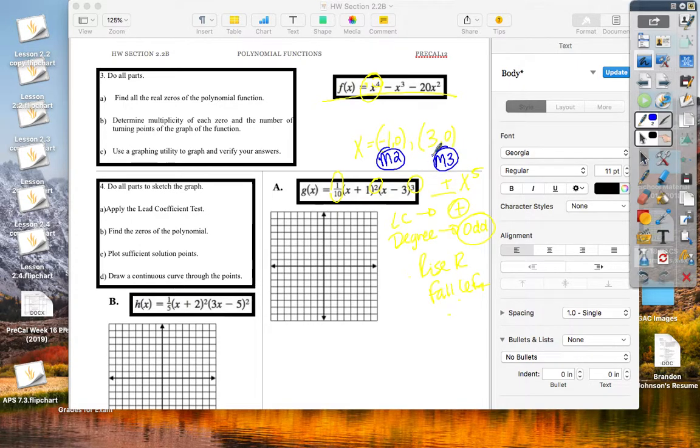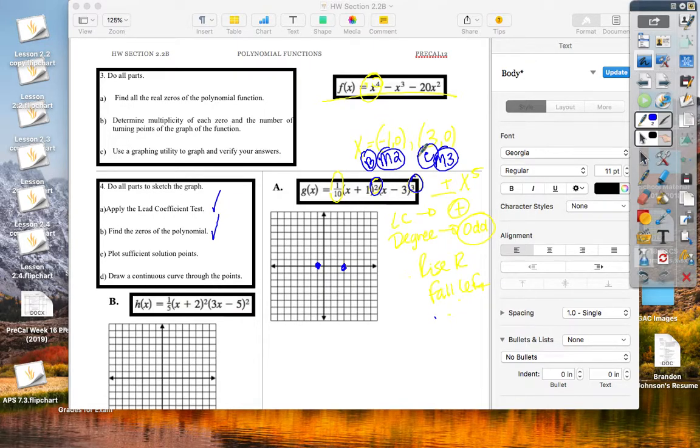We remember multiplicity based off of the exponents. Since the multiplicity is even at -1, 0, it's going to bounce here, so we'll put a B here. You could even say bounce. Whereas at the odd one, at 3, it's going to go through. It's going to cross.